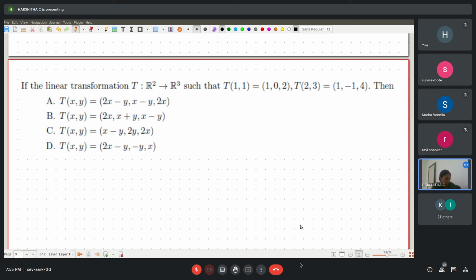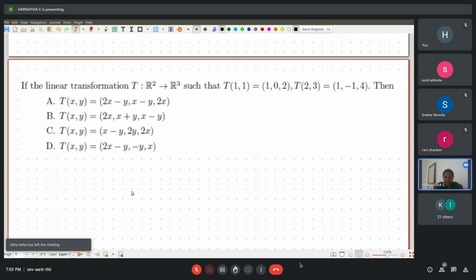Okay, so we have one last question. We have a linear transformation from R2 to R3 and we only know the value of the transformation at 2 points, which are (1, 1) and (2, 3). So how do you find it in general? This is the one beautiful thing about linear transformations: all you need to know is the value of the transformation on any basis.